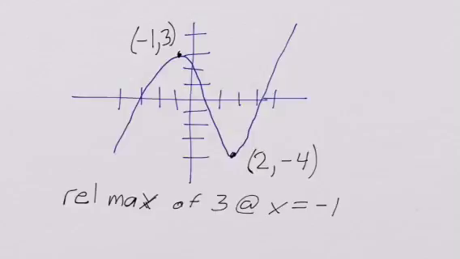Likewise, that point at (2, -4) is a relative minimum. It's smaller than everything around it. So we're going to say that we have a relative minimum of -4 at x equals 2.